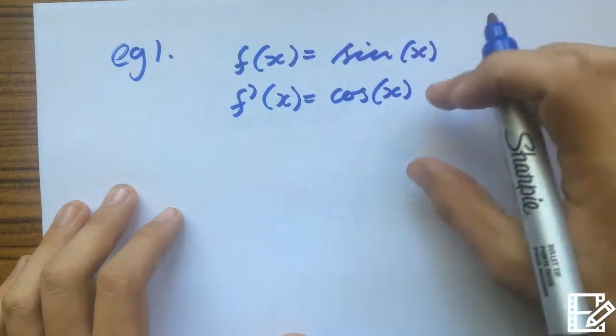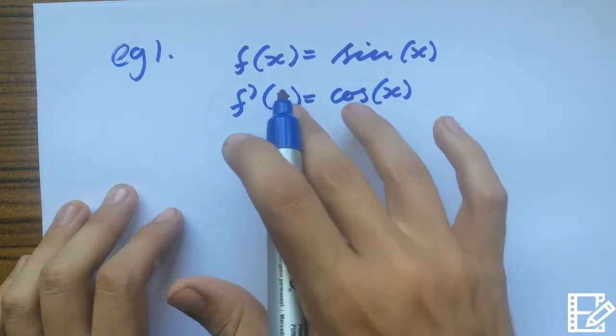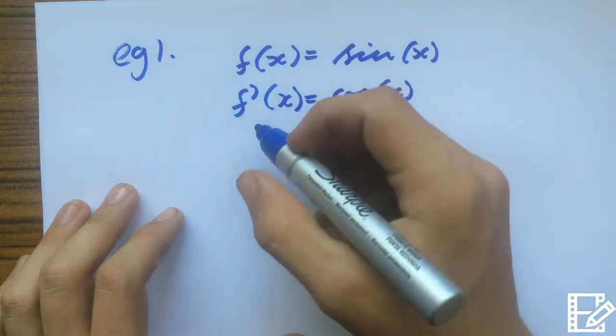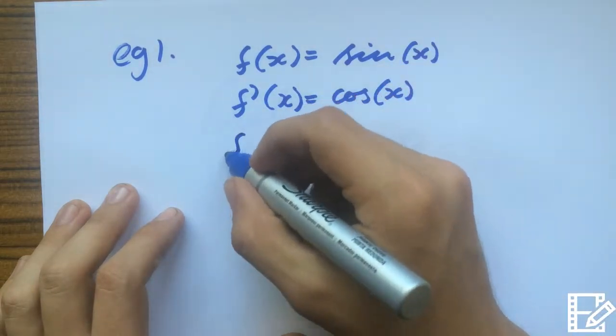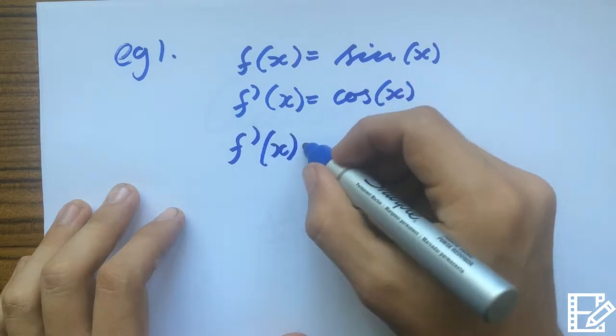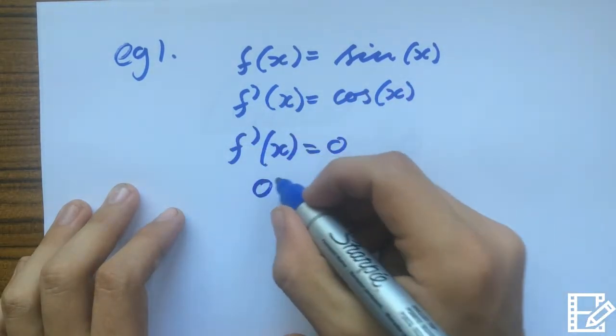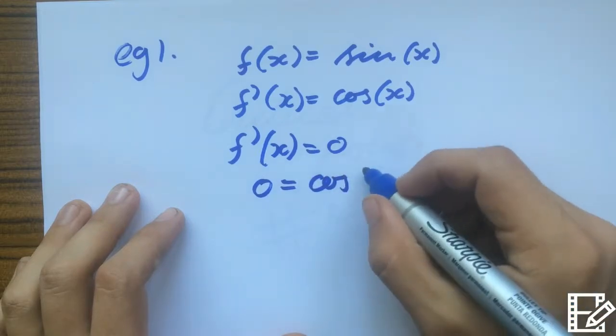There's no fraction. Because we've only got one thing we're focusing on, the cos, we're going to set the derivative to 0. We're only working on the top, which means 0 equals cos x.